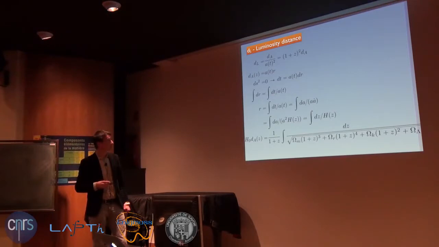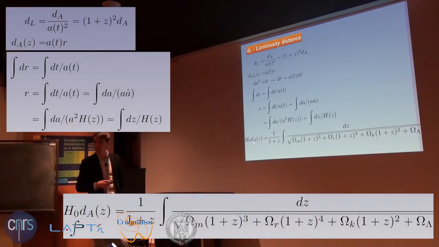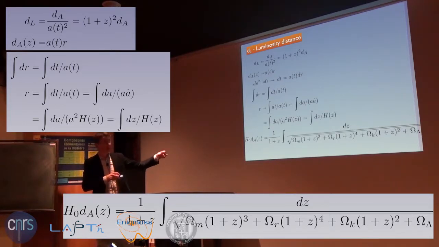And if you compute them in the model of the universe that we use, then these distances as a function of redshift, so the distance to a point with a given redshift and to the other point with another redshift, is directly given by an integral over the expansion rate, which itself is a function of the matter content, the radiation content, the curvature of spacetime, and one part that fell off the slide, the dark energy content of the universe. So if you know the distances to different redshifts, you're actually measuring the expansion rate of the universe, because that's what's in this integral, and you're actually sensitive to the matter content of the universe.